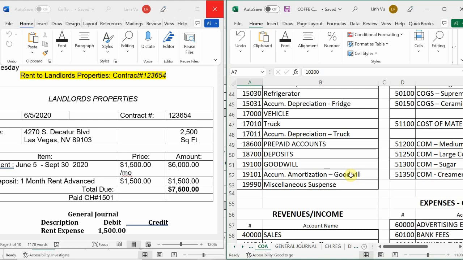So in this case, what account would be best for that, since it's not technically for rent per se? Because you're not paying in advance for rent. What are you actually making this deposit for?